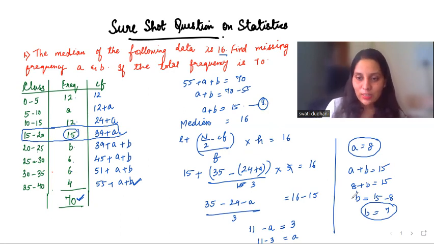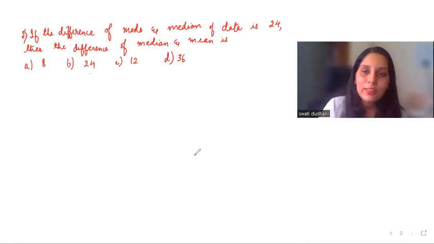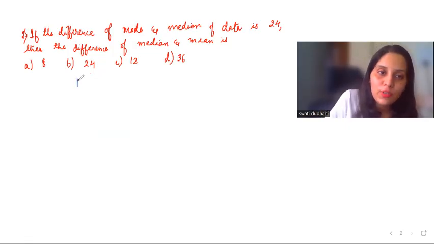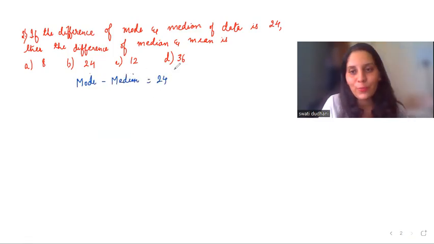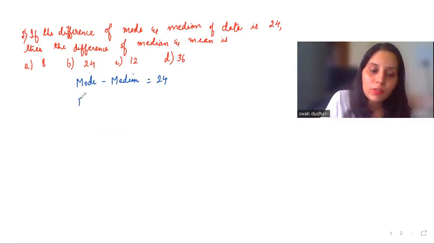So the next question that might come in your board exam is this one. If the difference of mode and median of the data is 24, let me write what is given to us: mode minus median is equal to 24. Then you need to find the difference of median and mean, that is, median minus mean.